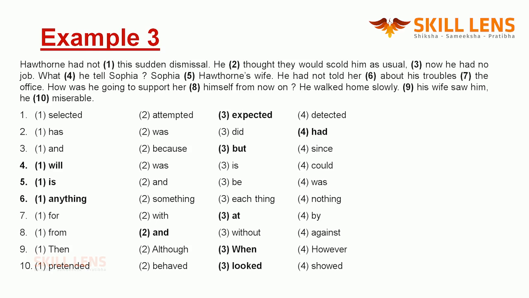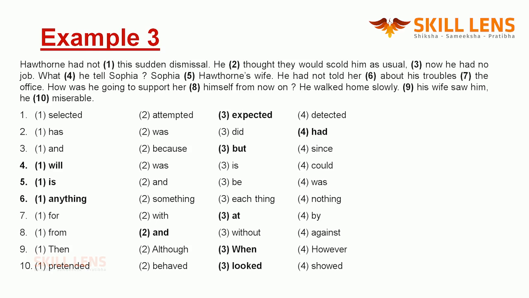A contradictory signal word is a word that tells us that the author is talking about inconsistencies or opposites of each other. In the first blank, we understood he didn't expect the sudden dismissal. Dismissal is being sent away. So here we are talking about Hawthorne being sent away from work, taken off from work, fired from his job. When you look at the second sentence, he had thought they would scold him as usual.